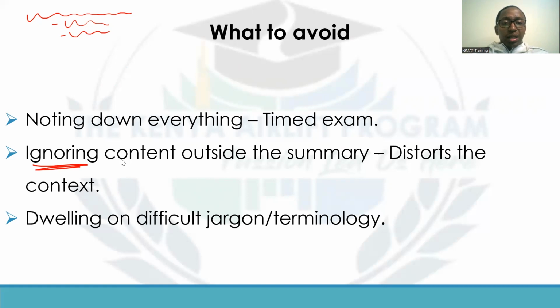The thing with this is you can just use context to your advantage. As long as you understand whatever the previous sentences or the next sentences say, you can just connect these two and you probably know the meaning of that word. So do not dwell on them, just understand their context and move on.